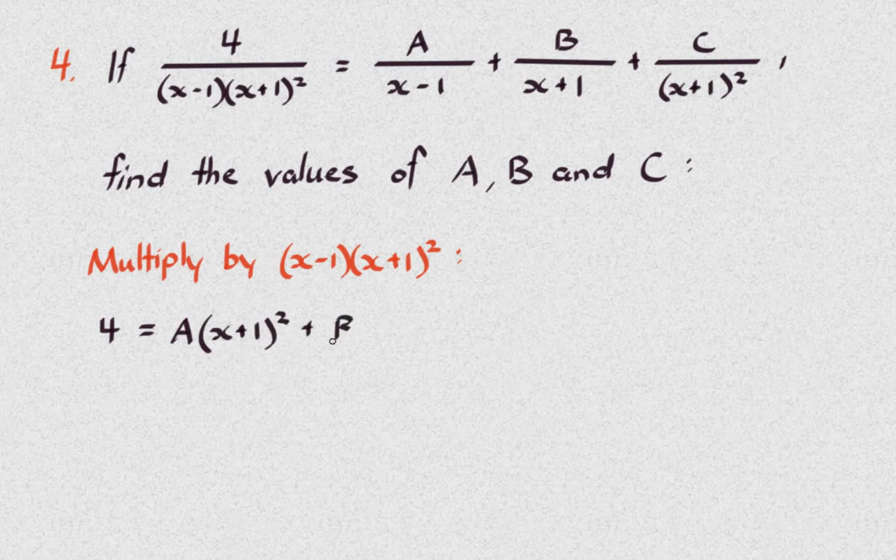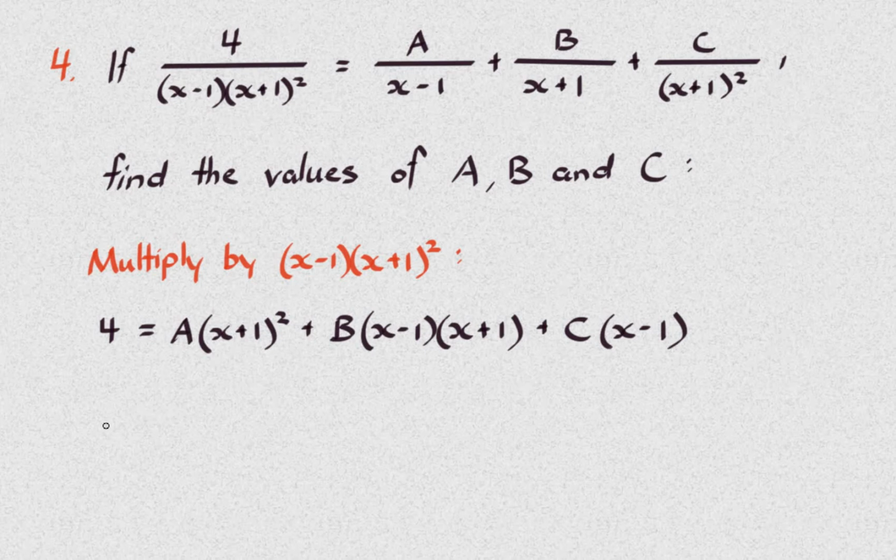Then we have b, and in this case the x plus 1 on the denominator will cancel with one of these x plus 1s. So we still have this x minus 1, and we just have 1 of the x plus 1s. And then finally with c, the whole x plus 1 all squared cancels, and so we actually just get c times x minus 1.